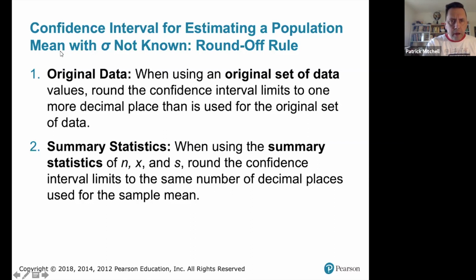I think I just spotted a typo here. This should be an x bar. Okay, there we go. So if you're working from summary statistics, then round the confidence interval limits to the same number of decimal places that are used for the sample mean.